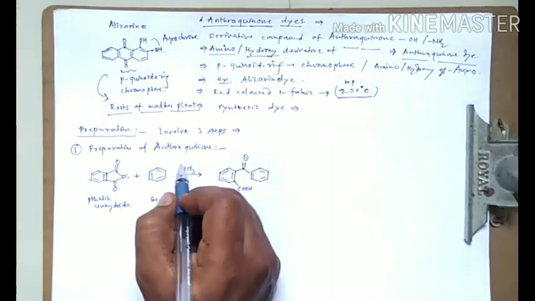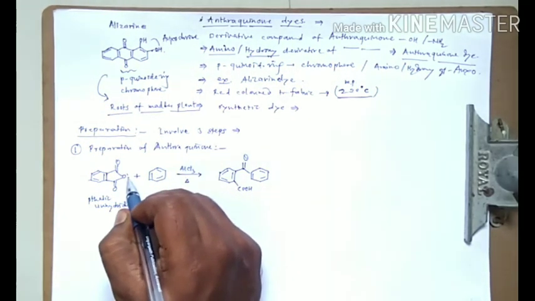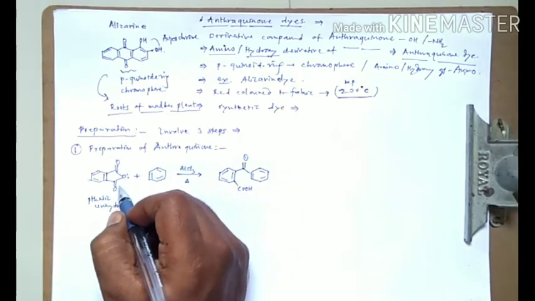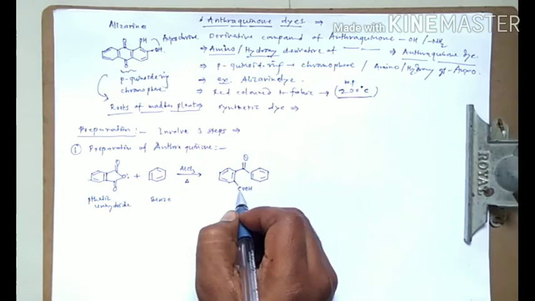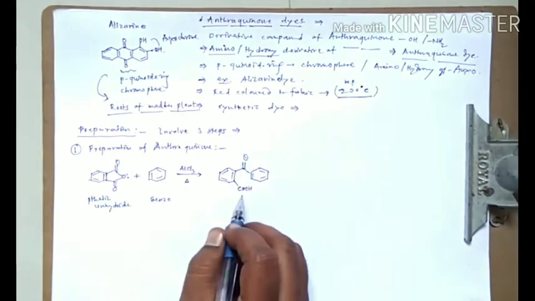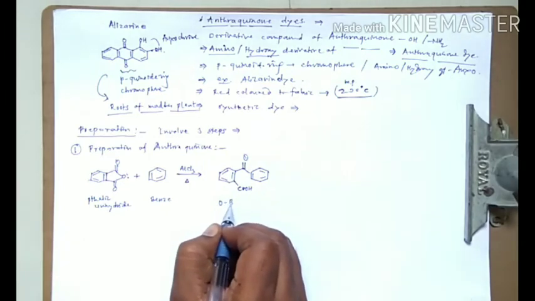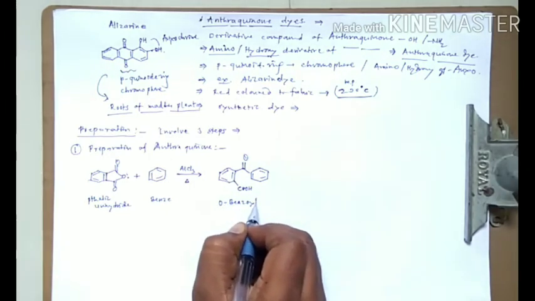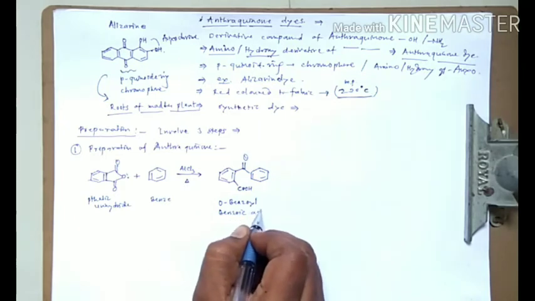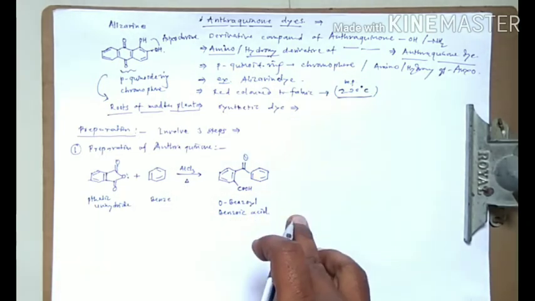And here the Lewis acid plays its role. The lone pair on oxygen is accommodated in the vacant orbital. As a result of that, there is a formation of carbocation, and then it leads to the product. It produces this compound, isn't it? So, what is the name of this compound? O-benzoylbenzoic acid.